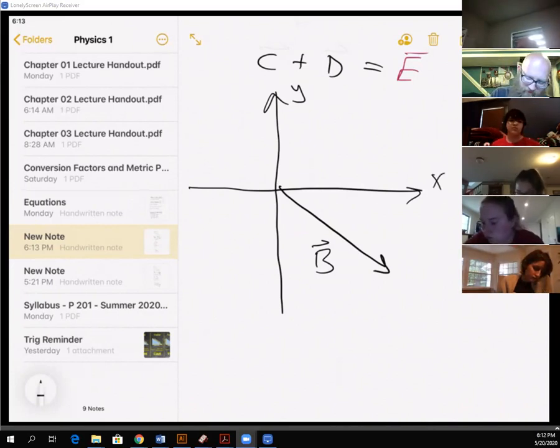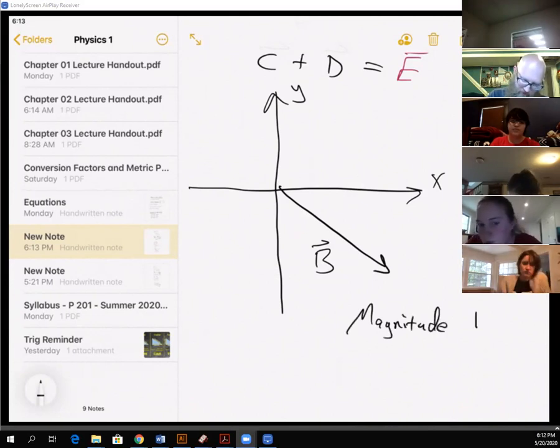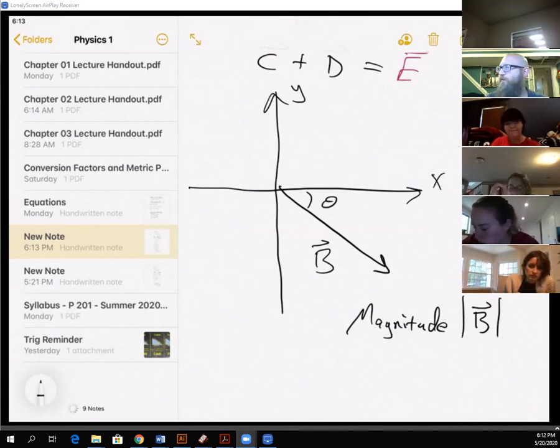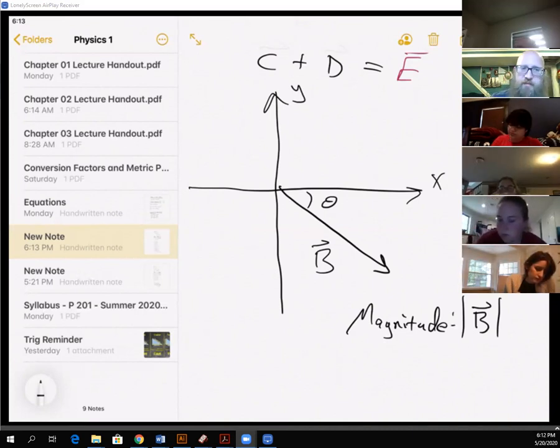So if I know the length of B, let's call the magnitude B, and the direction here is that. Sometimes you could use absolute values of the vector B to mean magnitude. Let me mention this. Magnitude is always positive, and you see there's a part of B that is negative.